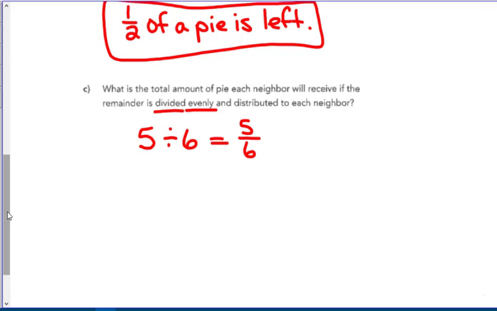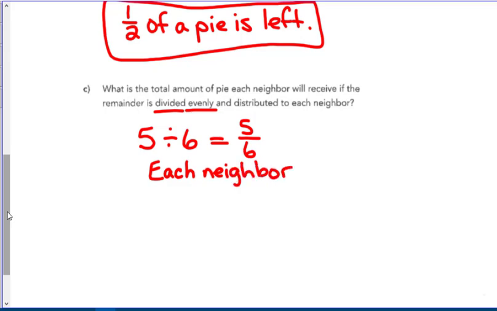But remember, she had a half of a pie left. But if she gave the 5 pies to each of her 6 neighbors, they would get 5/6. But she didn't. She gave to 6 neighbors. She had that 2/3 of a neighbor left over, which really was half of a pie.